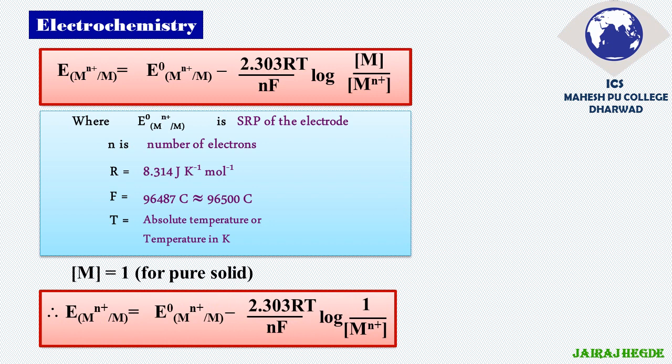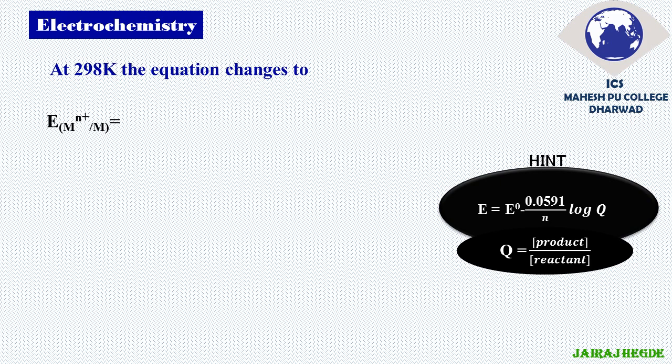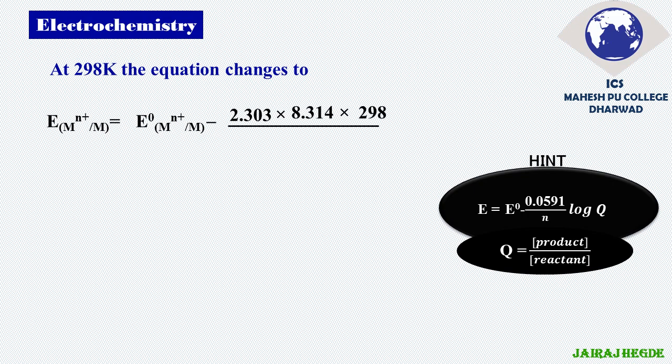If you start substituting its values, what happens? At 298 Kelvin, usually the ambient temperature is 298 Kelvin. At 298 Kelvin, the formula can be deduced like this. We can solve it. E is equal to E naught minus 2.303, R value is 8.314 and the temperature 298 Kelvin, and the farad is 96,487 into n.